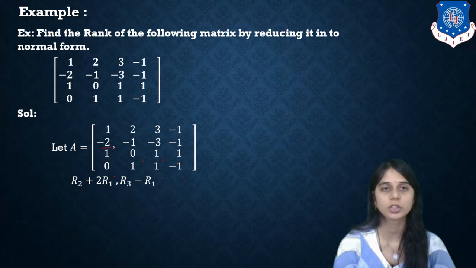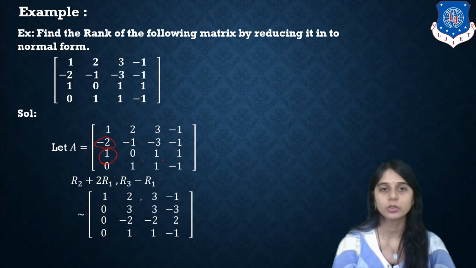Okay, now first of all, for the row echelon form, we have to convert R2 plus 2R1 and R3 minus R1. So we get 1, 2, 3, minus 1 as it is. Due to this row operation, we get one row as 0. Now in R2 we take 1 by 3 because of the leading 1, and in R3 we take 1 upon 2.